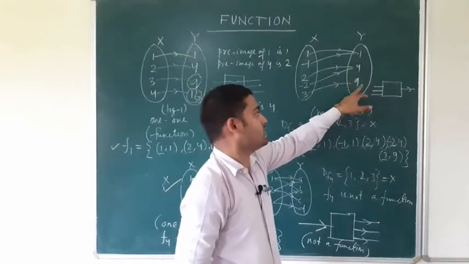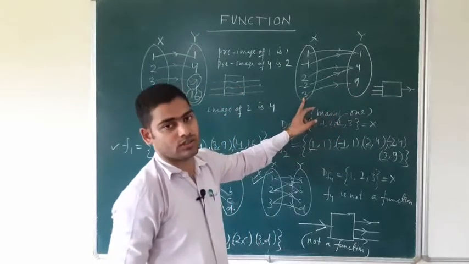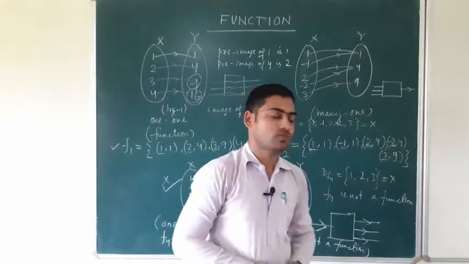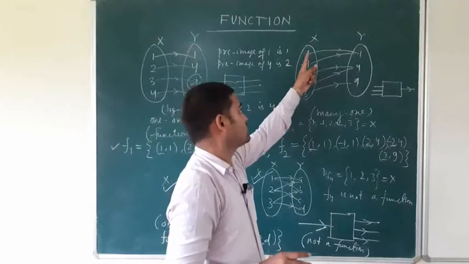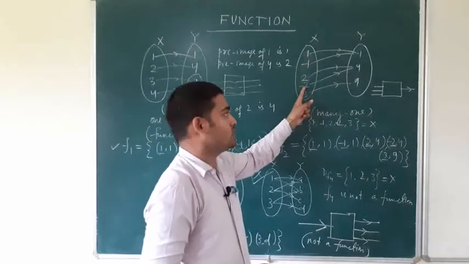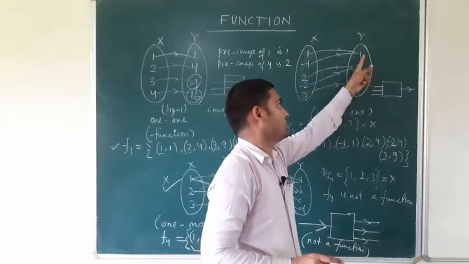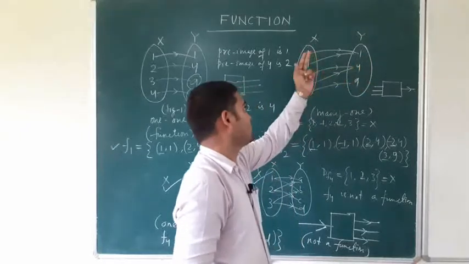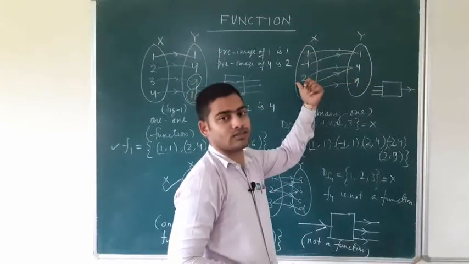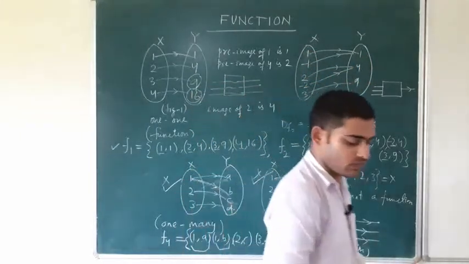Pre-image of 9 is 3. Understood? So, the image of these elements are here, and the pre-image of these elements are in set X. Okay, friends?